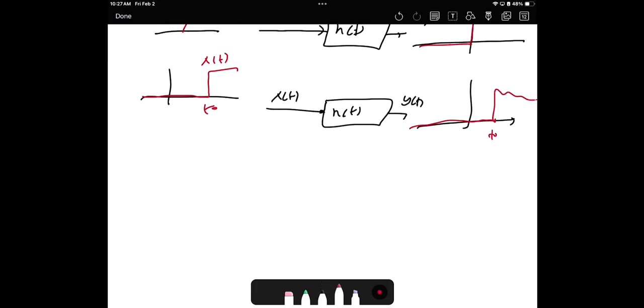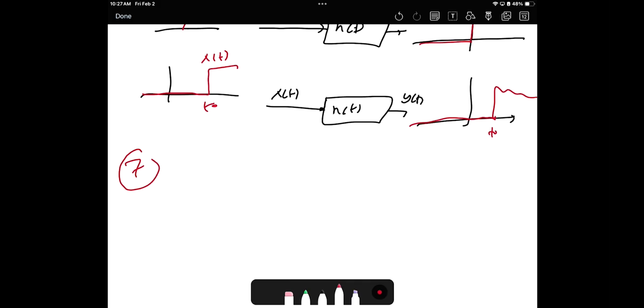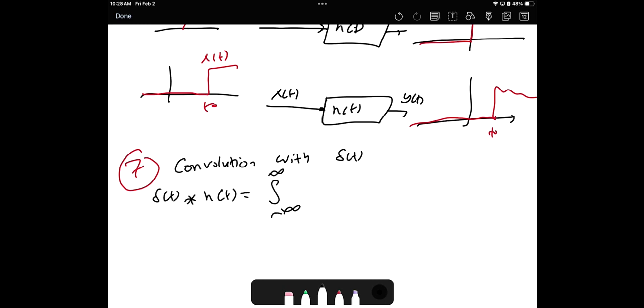Let's go to property number 7, which is convolution with delta of t. So whenever we have delta of t convolved with h of t, it will be the integral from negative infinity to infinity of delta of tau h of t minus tau d tau.